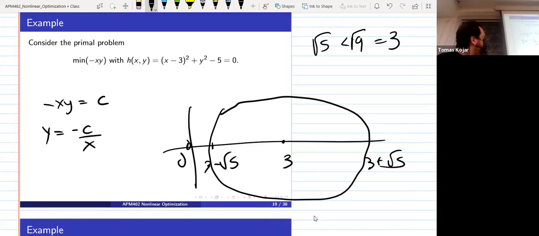When y is positive, x is negative. Which quadrants? 1, 2, 3, 4.